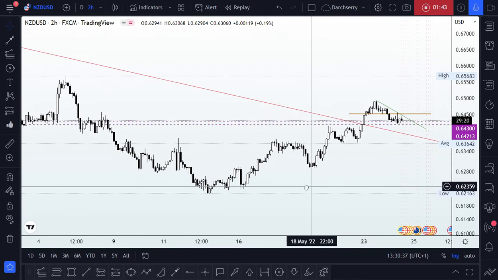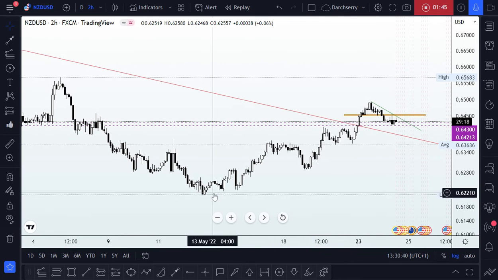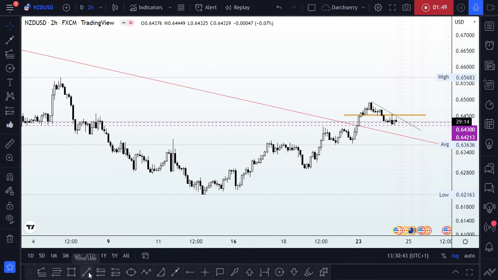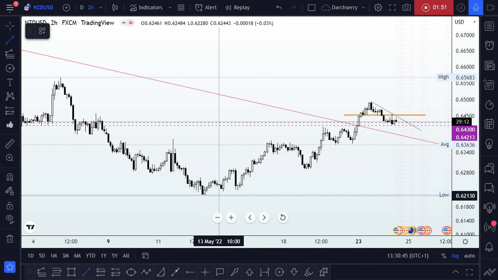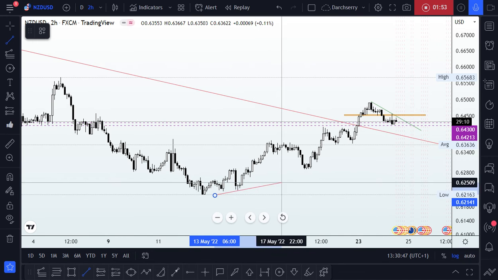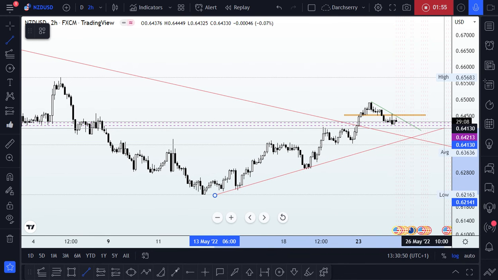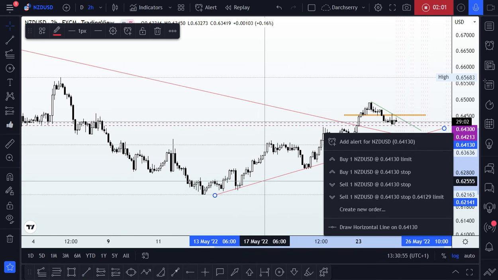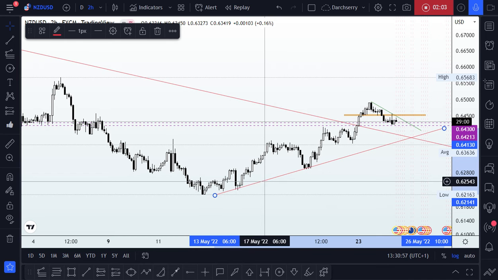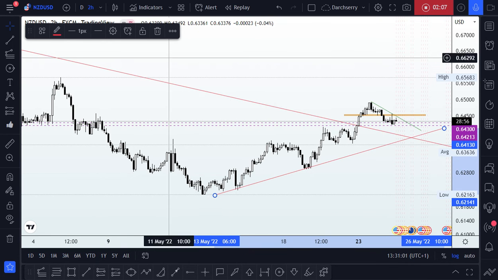The first thing we will notice on the 2 hours time frame is that since last week, we saw that the New Zealand has been increasing in price against the USD as we continue to see higher highs and higher lows at this point, which later transform into what looks more like a bullish trend line.